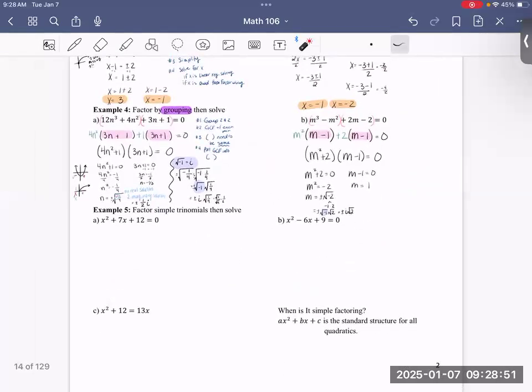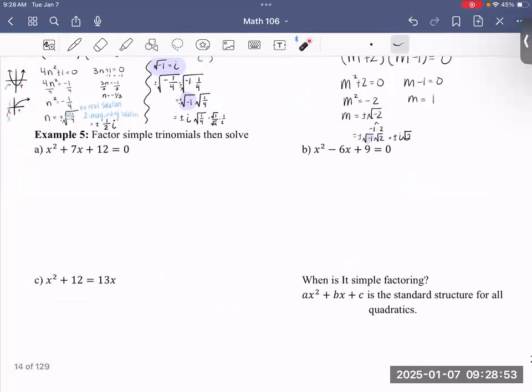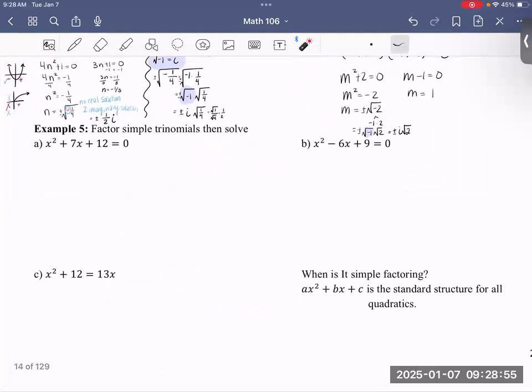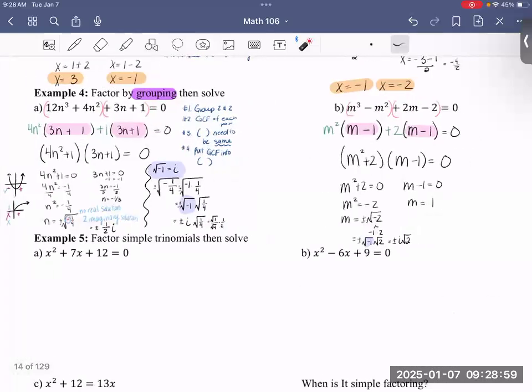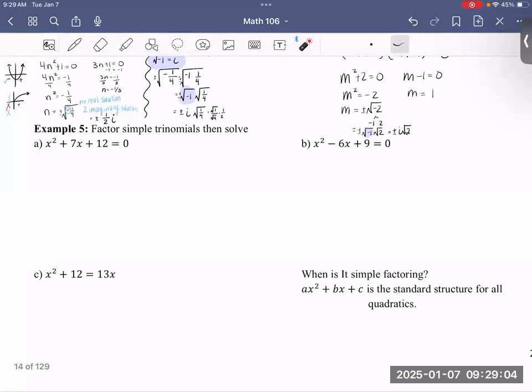So let's go ahead and look at example 5. I'm so sorry, because we're talking about, oh, no, that's fine. All right, so example 5, we're talking about traditional factoring. So we're going to start with the easier of the two, simple factoring.